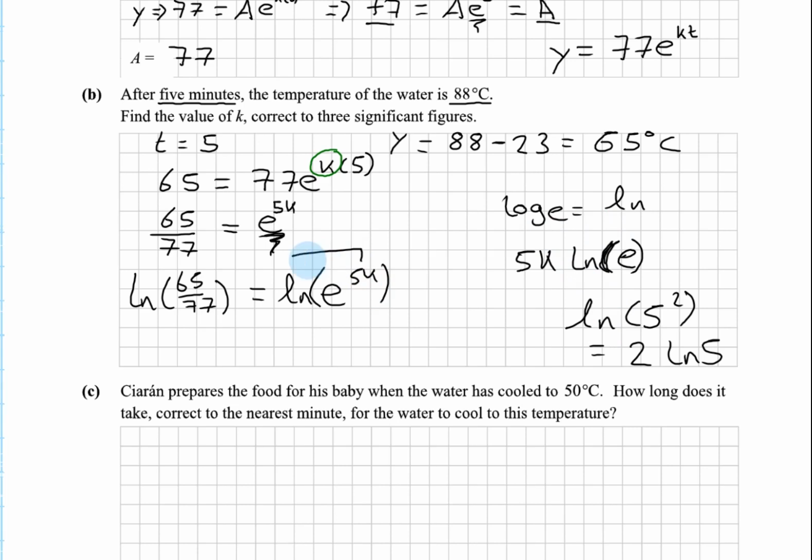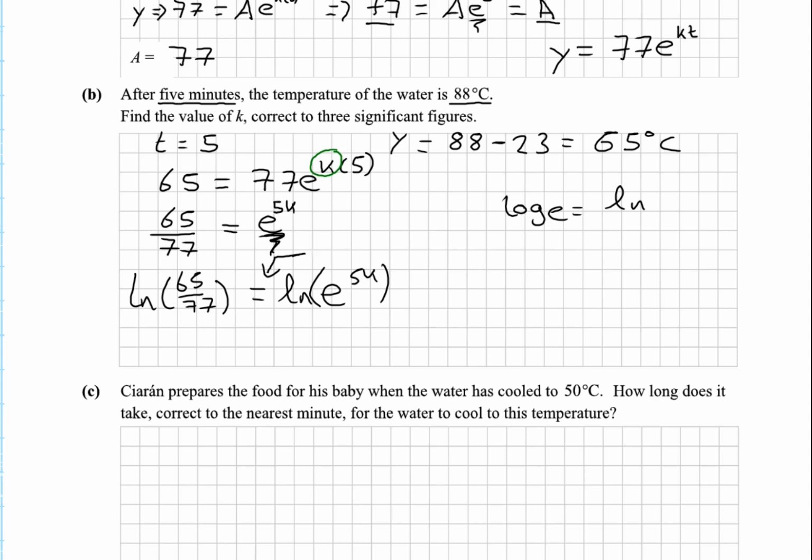So that's what we're doing here. These aren't essentially cancelling out. What happens is we get 5k multiplied by ln e, and then ln e will just be 1, so we're left with 5k. But I just like to say that they cancel out because for me it just makes it easier. I don't have to go on a long speech. It's kind of easy to understand.